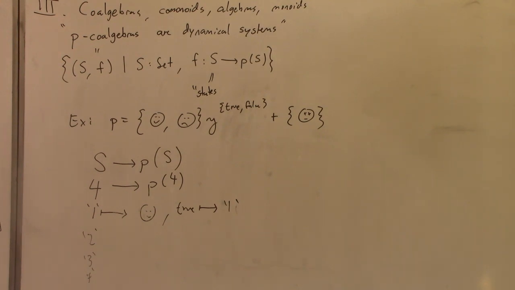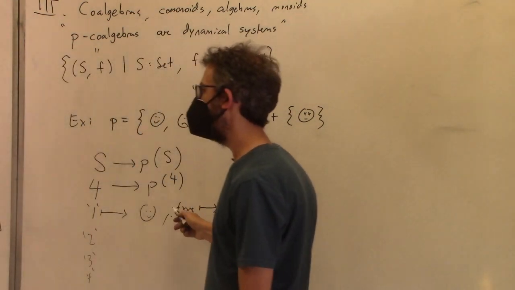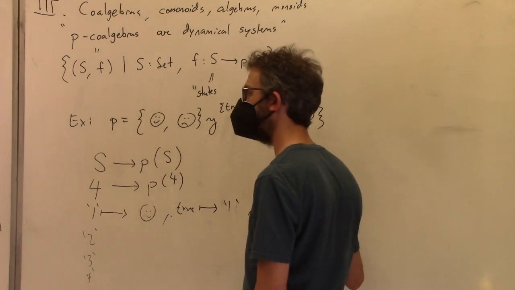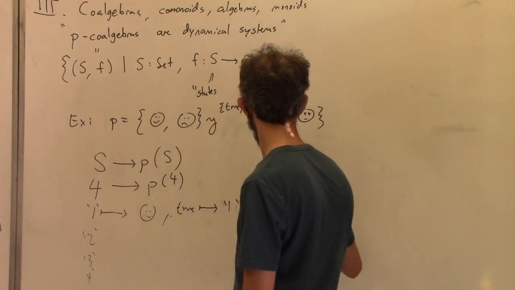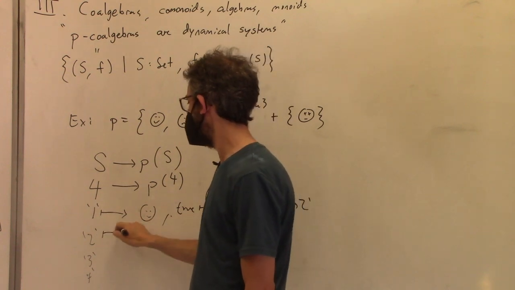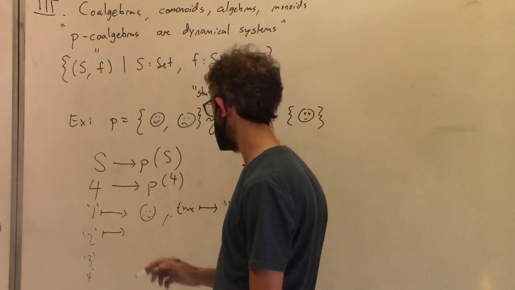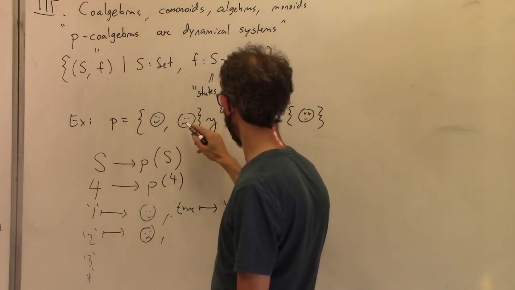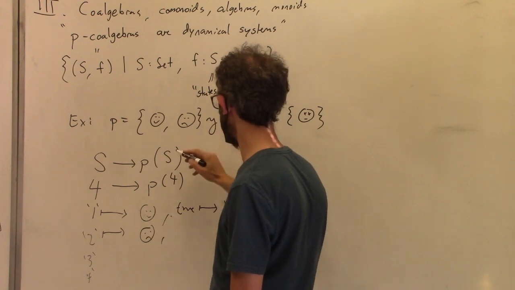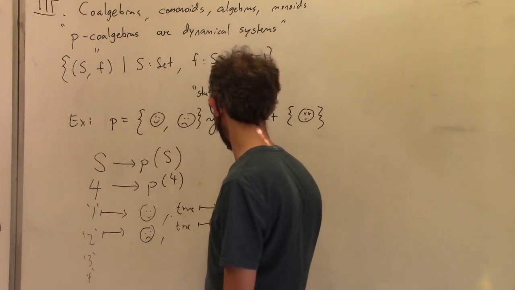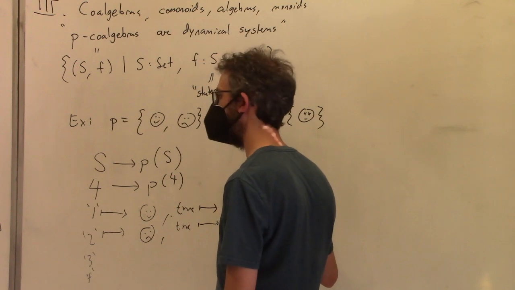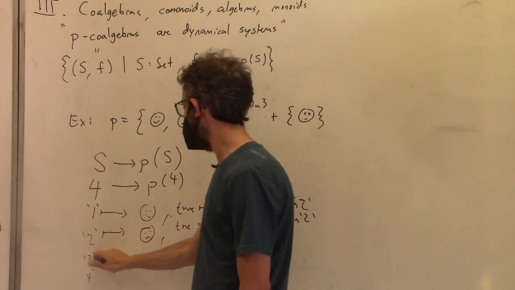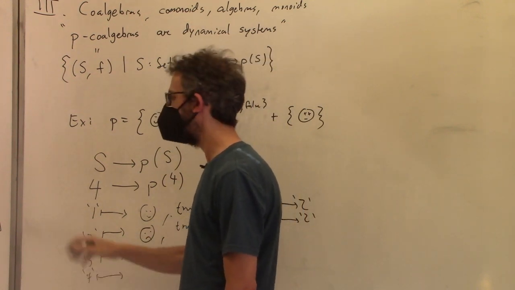So here, the state 1 went to happy, and then true went back to 1, whereas false went to 2. And state 2 went to sad. And sad says, okay, fine, for every true or false, give me a new element of S. So true went to state 3, and false went to state 2, etc. So the data over there is exactly the data I would need to explain this whole thing to you.